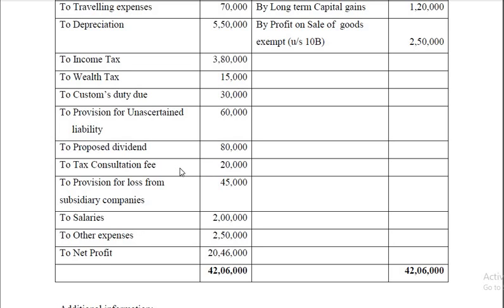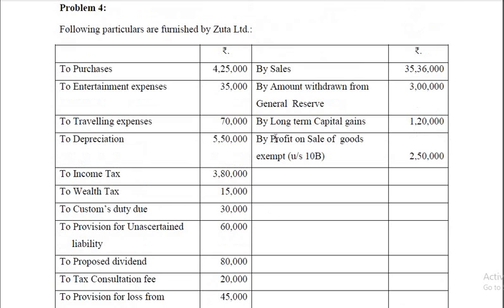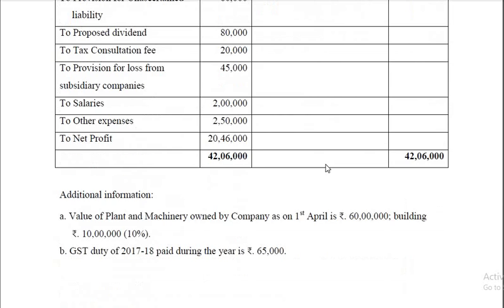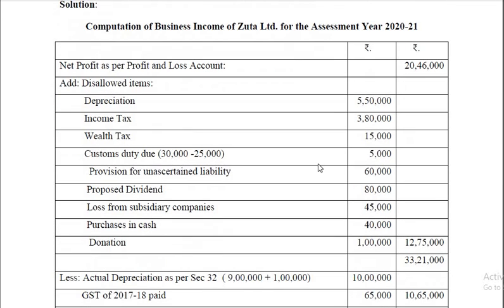Whereas tax consultation fees, salaries, these are all allowed. And come to the credit side: amount withdrawn from general reserve, long-term capital gains, profit on sale of goods exempt under section 10, subsection 10B. These are all to be deducted while computing business income.